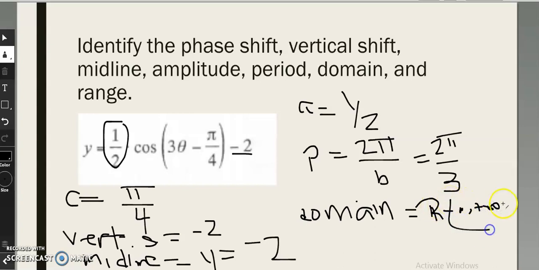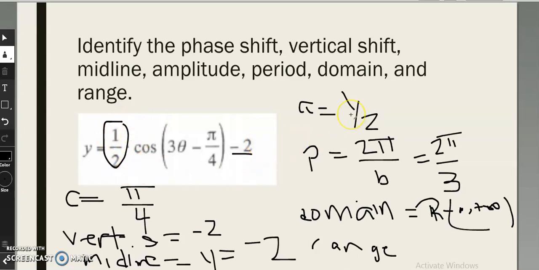Please forgive my handwriting. And my range is just my highest y value to my lowest y value. So I know that I have this shift here of -2, and I know 1/2 is my amplitude, so that's how tall it is.